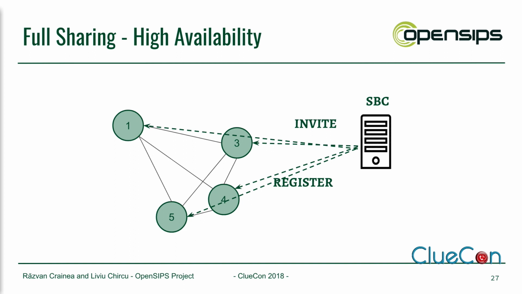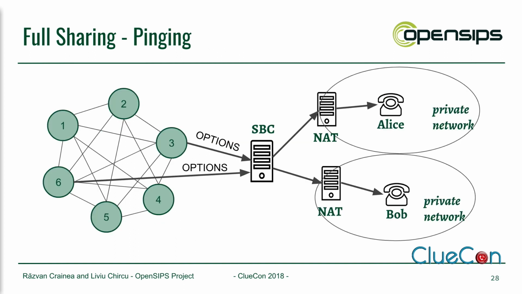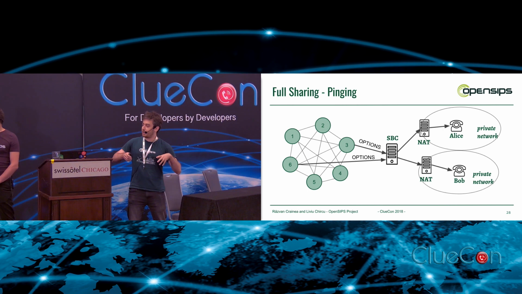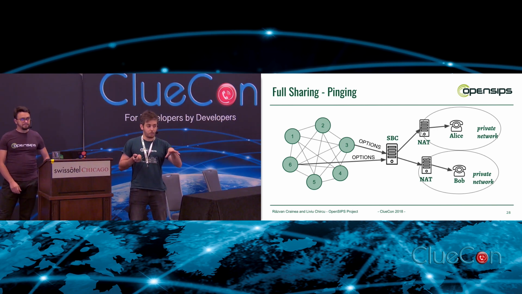A second problem that we had to solve is the pinging problem. Because when you start copying this data to multiple nodes, all of a sudden, all of them will start attempting to ping. So let me go back a bit and describe the problem itself. We have Alice and Bob over there that are registering from their private networks right into the platform.